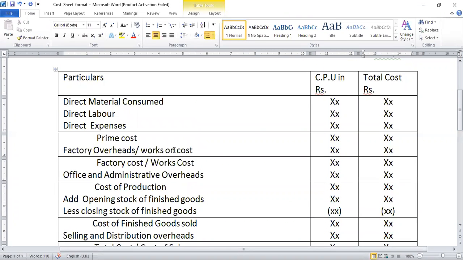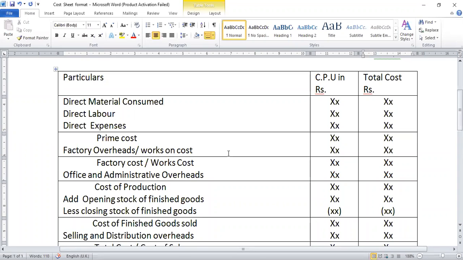Now when we go to the actual problem calculation, remember that if you are thinking about the raw material consumed, how to calculate raw material consumed? Opening stock of raw material, add purchases of raw material, less closing stock of raw material. So those steps we are going to add here. Got it? Again, in case of factory overheads, only a single factory overhead will not be there.